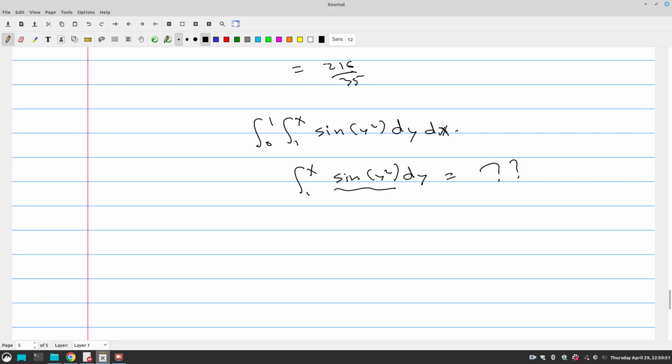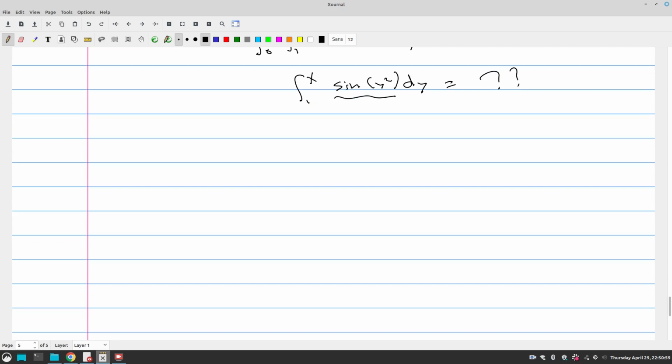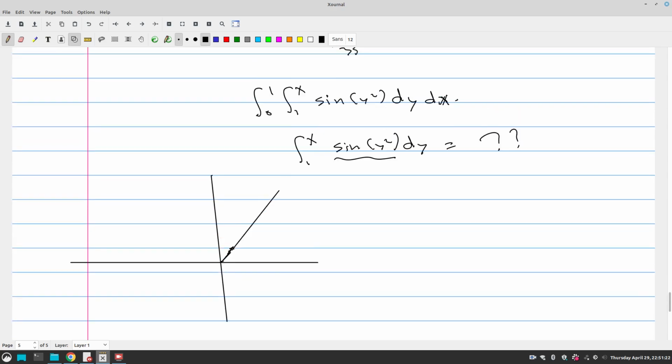So here's what we'll do. We will first look at the region as a type 1 region and try to convert it into a type 2 region. So our type 1 region: y goes from 1 to x, right, and x goes from 0 to 1.